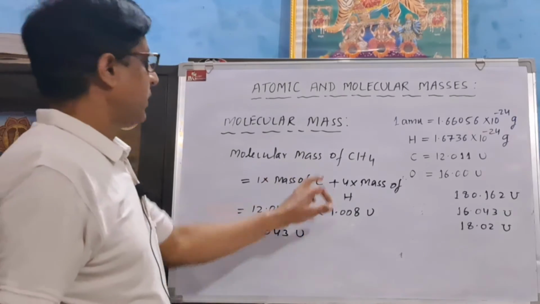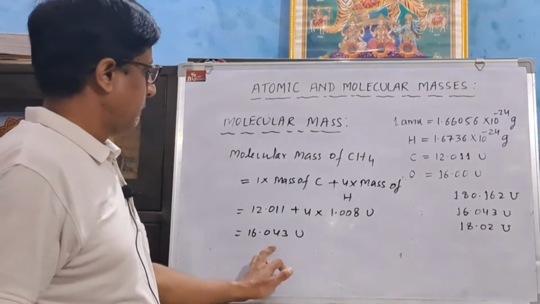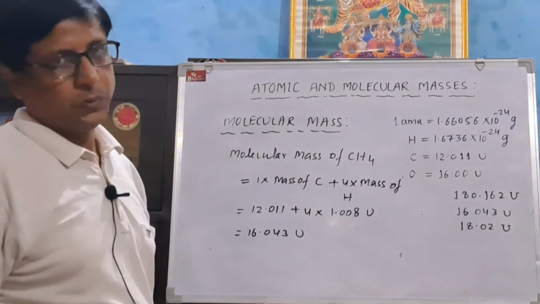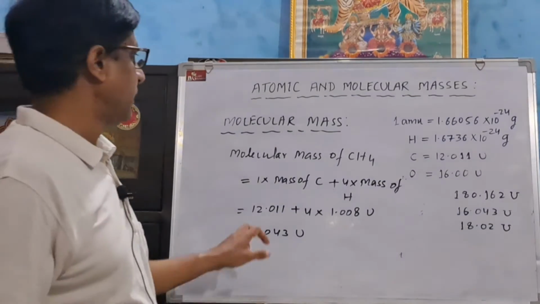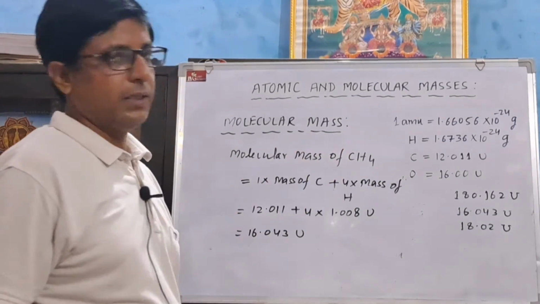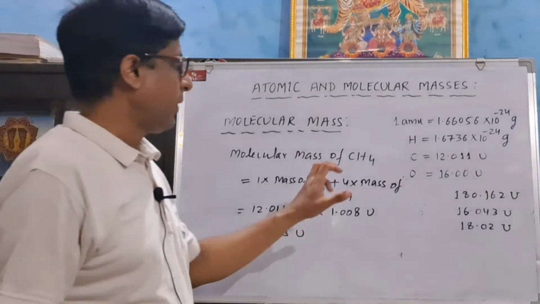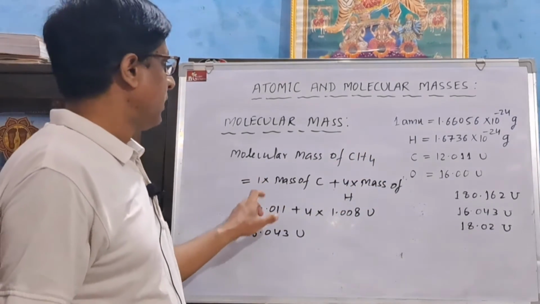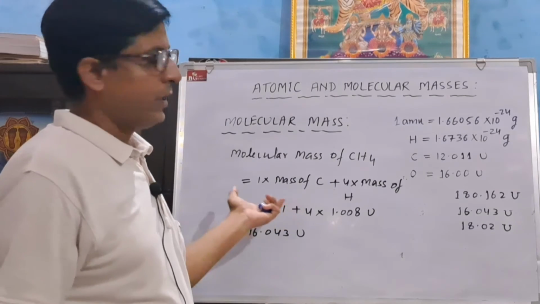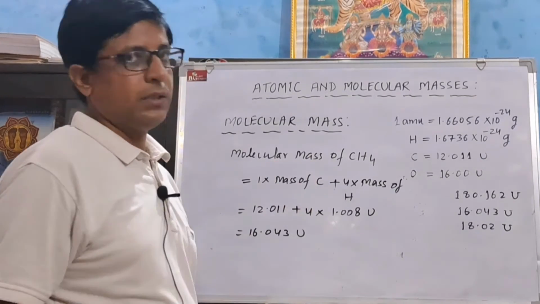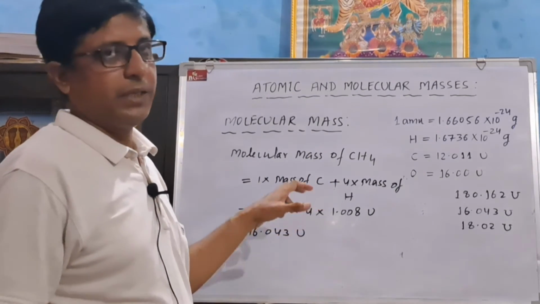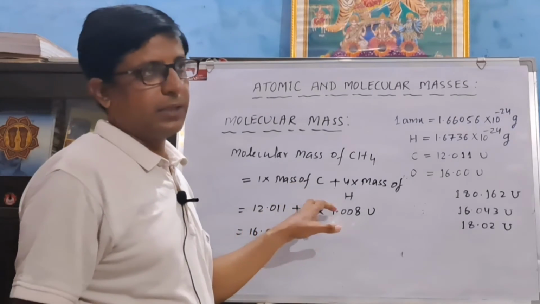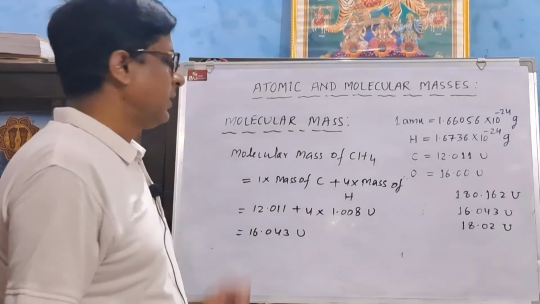Therefore, the molecular mass of methane is 16.043 u, unified mass or atomic mass unit. Since methane has one carbon atom and four hydrogen atoms, to determine the molecular mass we simply write the mass of each element, multiply by their numbers, and after addition we get the molecular mass.